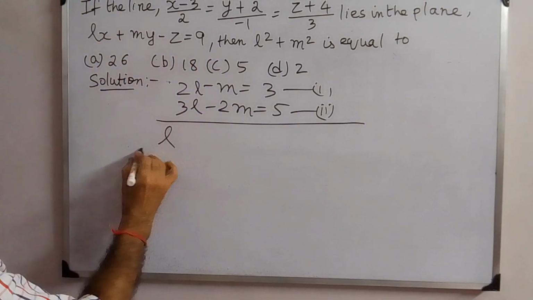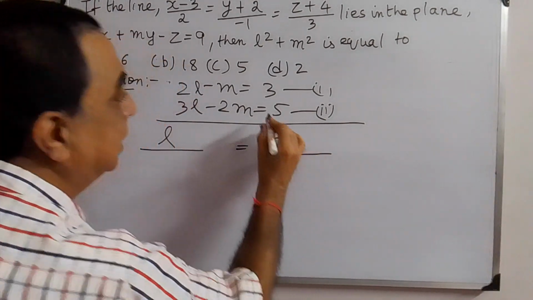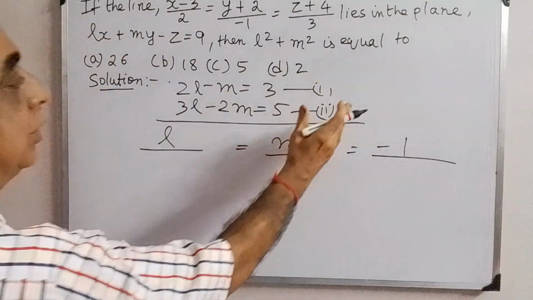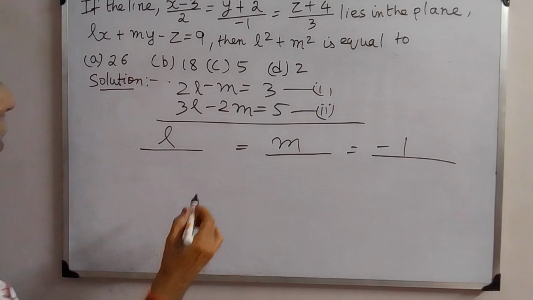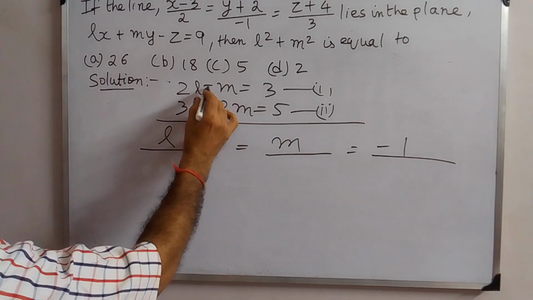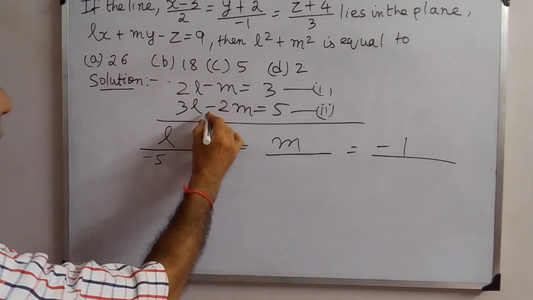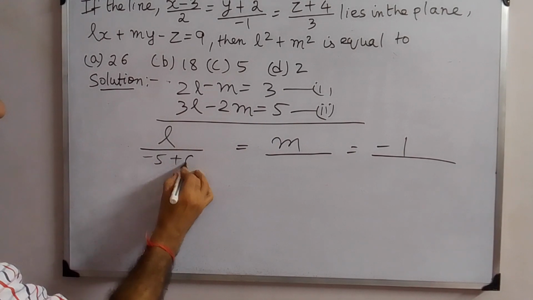So L divided by some denominator, M divided by some denominator, and minus 1 divided by a denominator, since when the constant is on this side it will be minus 1. The L denominator will be the M coefficient multiplied with the constant: minus 1 into 5, so minus 5, and minus 2 into 3 is minus 6, change the sign, plus 6.